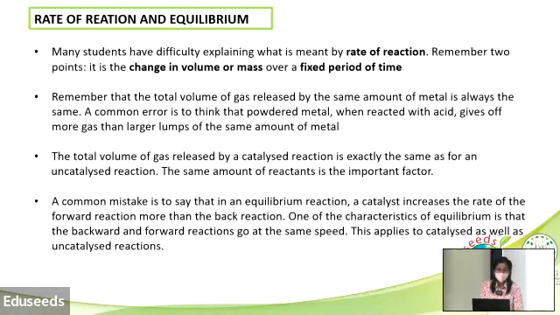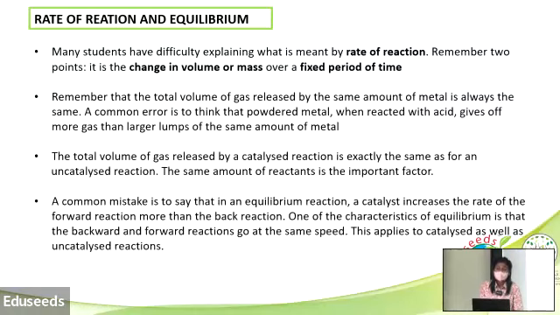And second point, remember that the total volume of gas released by the same amount of metal is always the same. A common error is to think that powdered metal, when reacting with acid, gives off more gas than larger lumps of the same amount of metal.